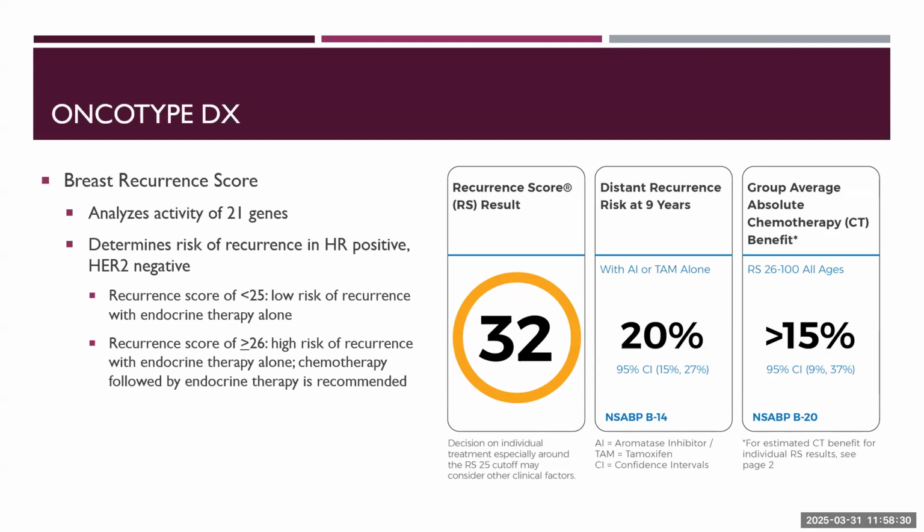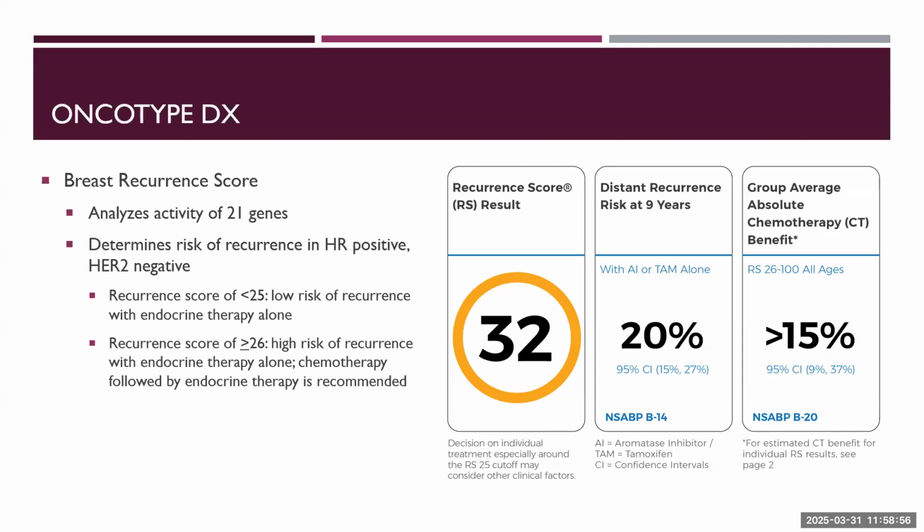If their recurrence score is greater than or equal to 26, this indicates that they have a high risk of recurrence with endocrine therapy alone. So chemotherapy is recommended after surgery, followed by endocrine therapy. As you can see here for this example, the recurrence score is 32. It shows you the distant recurrence risk at 9 years with an aromatase inhibitor or tamoxifen alone.